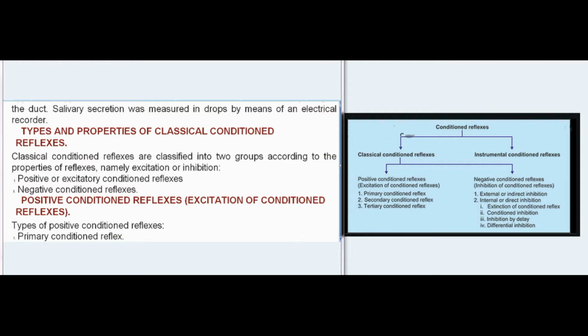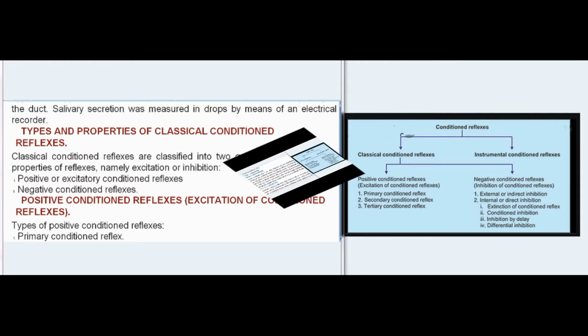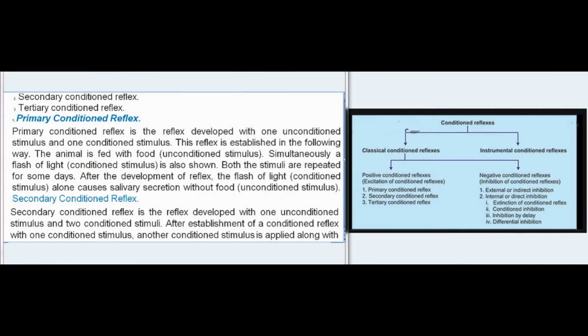Positive conditioned reflexes, excitation of conditioned reflexes. Types of positive conditioned reflexes: primary conditioned reflex, secondary conditioned reflex, tertiary conditioned reflex. Primary conditioned reflex. Primary conditioned reflex is the reflex developed with one unconditioned stimulus and one conditioned stimulus.